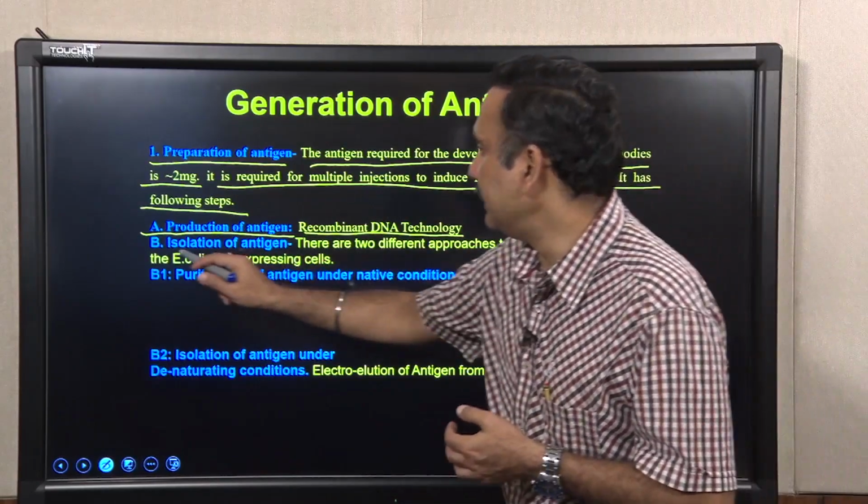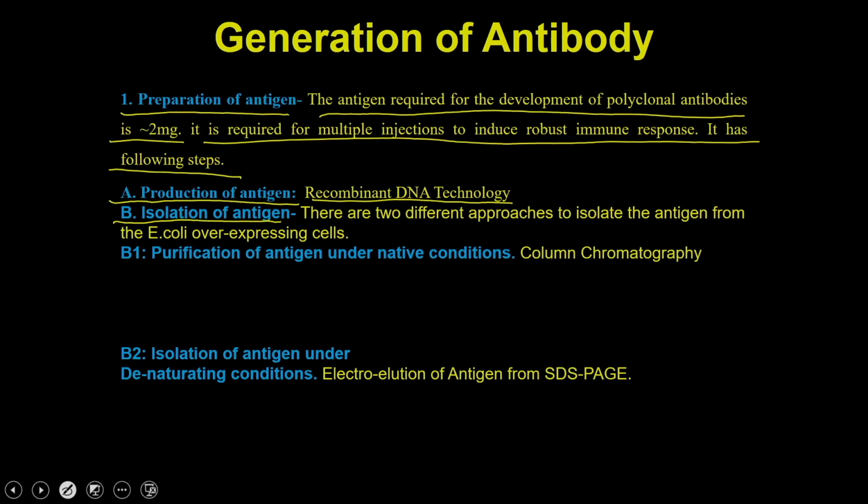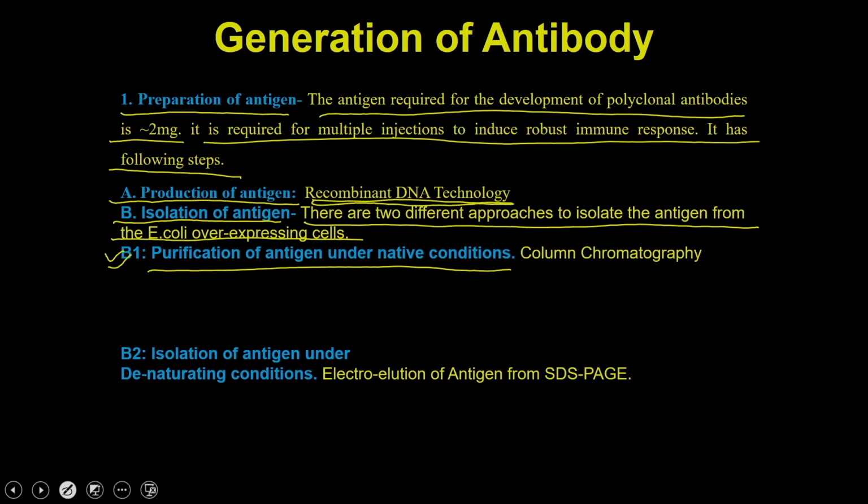The second option is that you can isolate the antigens. So, there are 2 different approaches to isolate the antigen from the E. coli overexpressing cells. For example, you can purify the antigen under native conditions. So, even if the antigen is produced by recombinant DNA technology, the isolation of the antigen has 2 options.